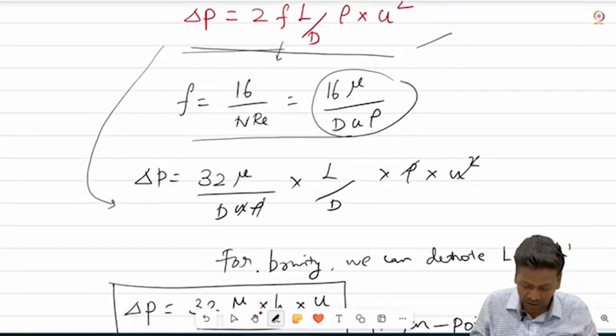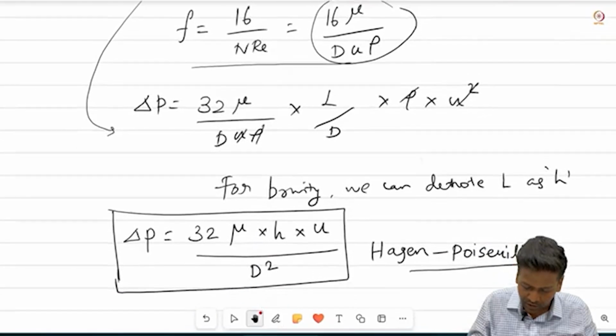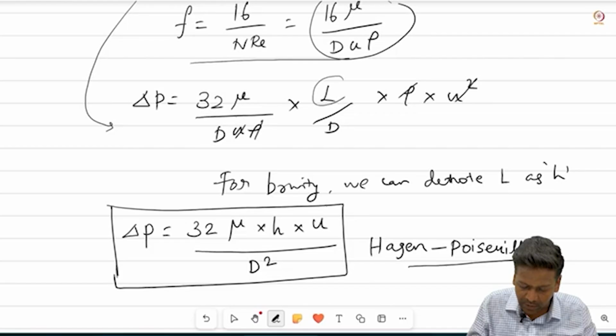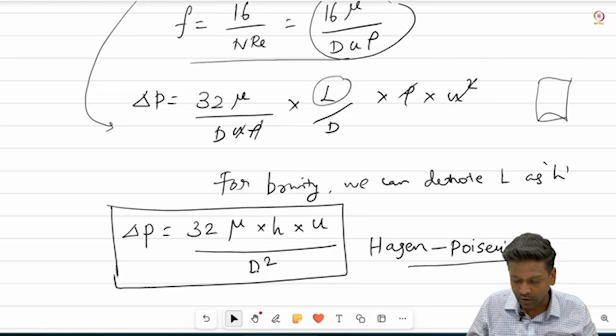And for brevity, we denote the dimension L as H, because we're talking about the flow of liquid through the capillary tube. So we can denote L as H for convenience.